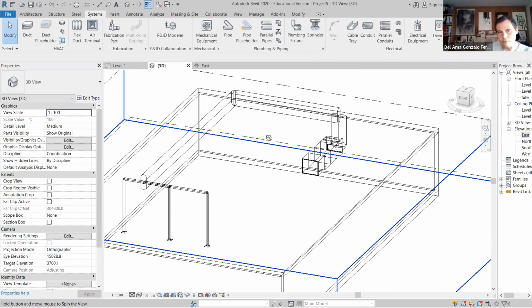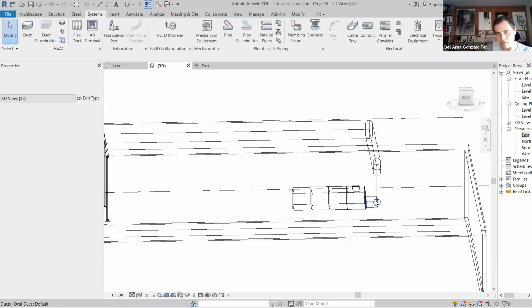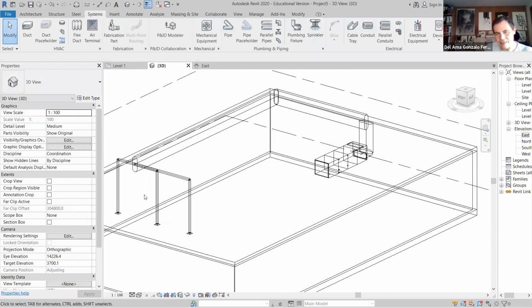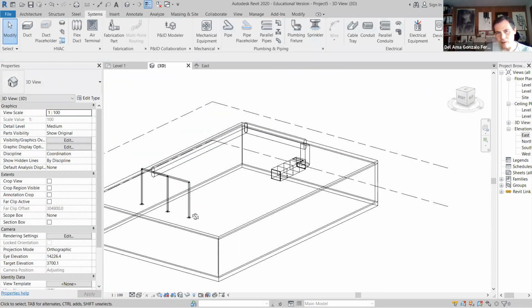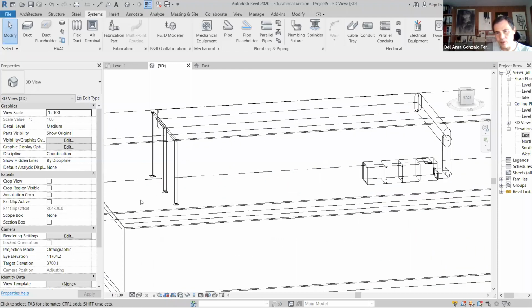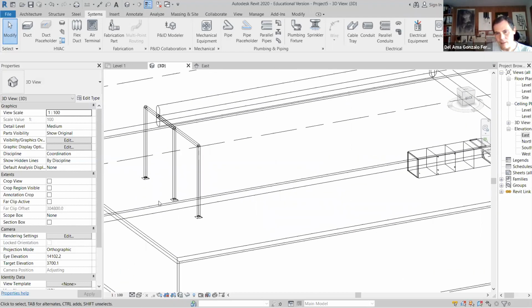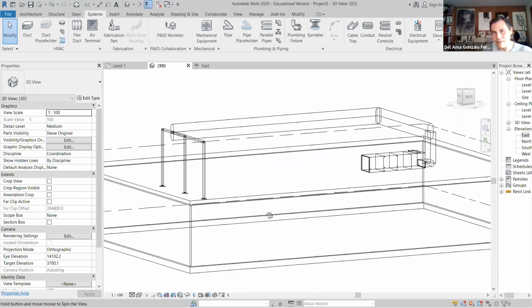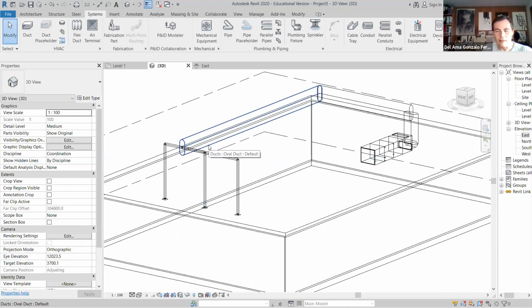Why is it terrible? Here we have this kind of ducts, but at least we have connected the air handling unit to the air terminals. This is not good at all. Okay, so I'm not happy at all. But at least we have a connection, we have a system, and then we can start editing the system.